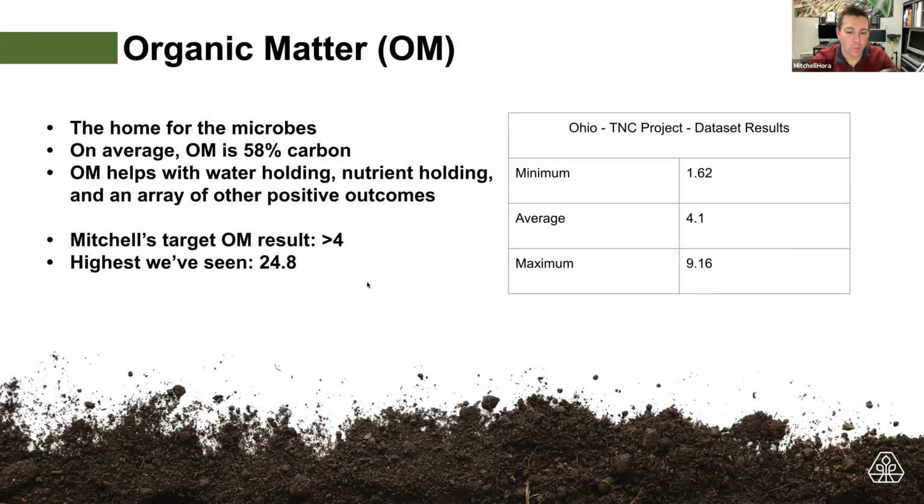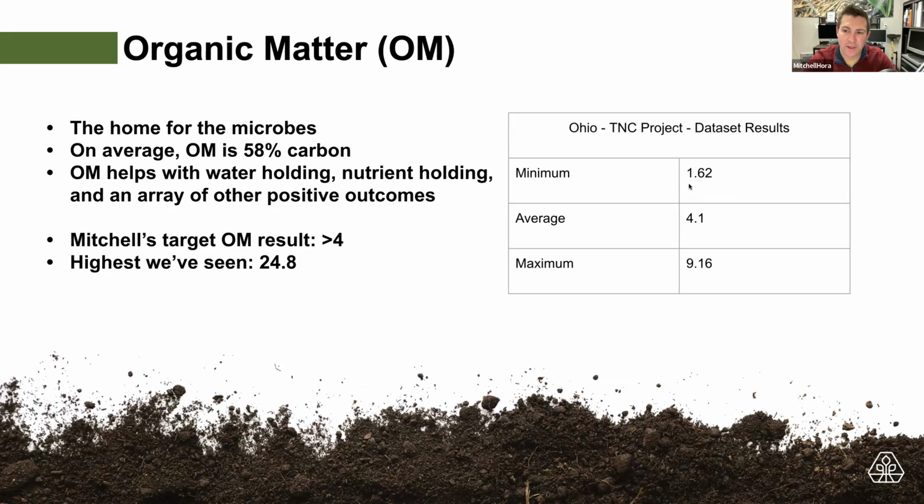And I wanted to look at this one real quick, that, for any of these carbon programs, organic matter on average is 58% stable soil organic carbon, more long-term carbon, longer cycle. And of course, the higher we can get our organic matter, the more we can improve water holding capacity. It's the house for the microbes, more nutrient holding capacity, all that kind of stuff.